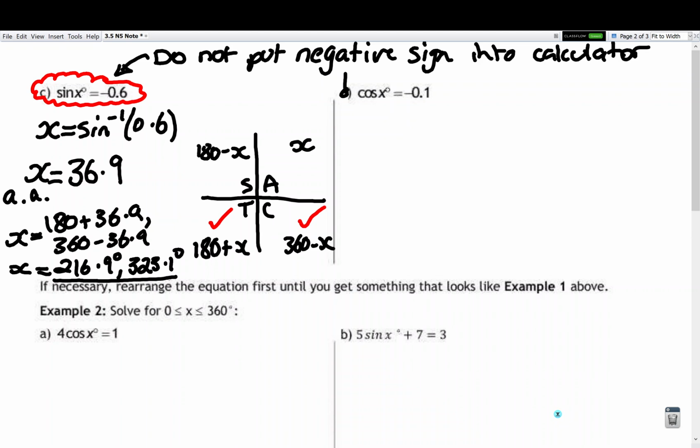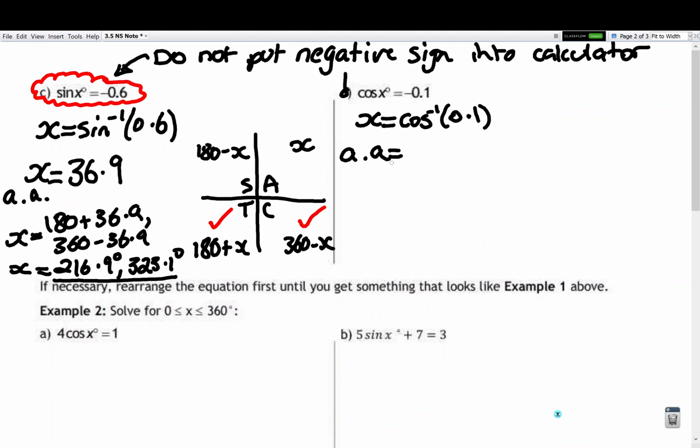Okay, let's try the next one for cosine. Cosine of x is equal to minus 0.1. We're not going to put the minus into our calculator. We find the inverse cosine of just 0.1, and I'm going to start writing this acute angle as A.A. I'd like you to start doing that as well, because technically this acute angle is not one of our solutions.